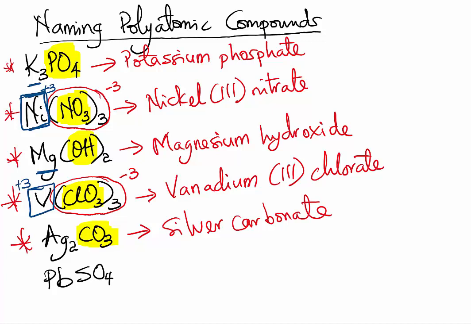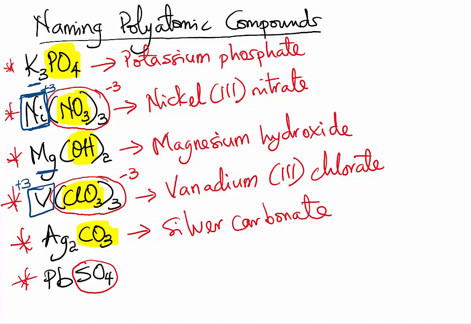And the first element in this is lead. Now, lead is not a transition metal. However, lead has two possible charges, +2 or +4, which means we will need to be specific about which type of charge lead is carrying in this compound. And to do that, we will need to begin with the polyatomic ion.